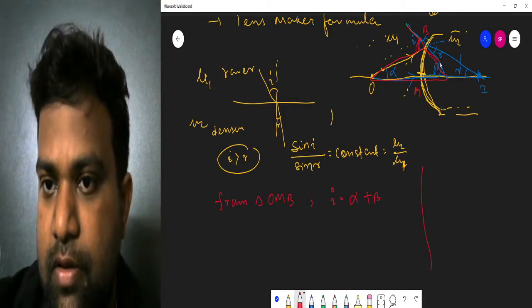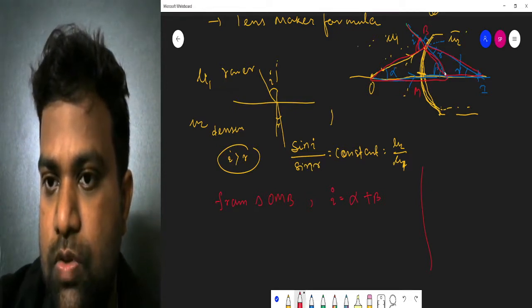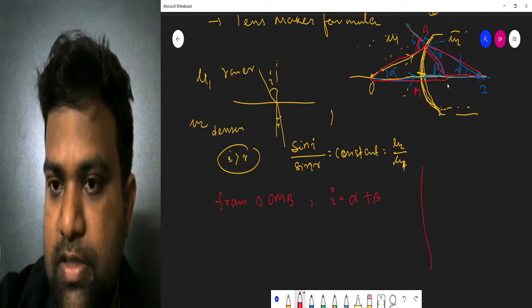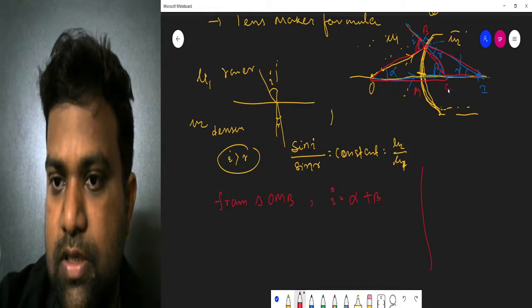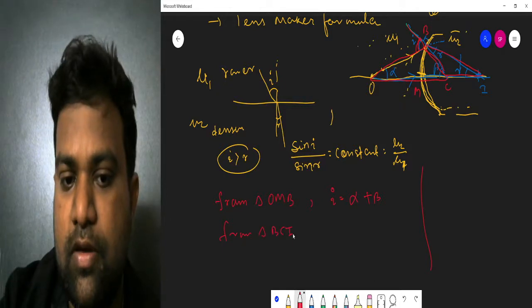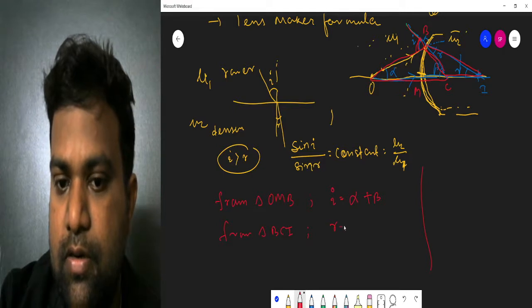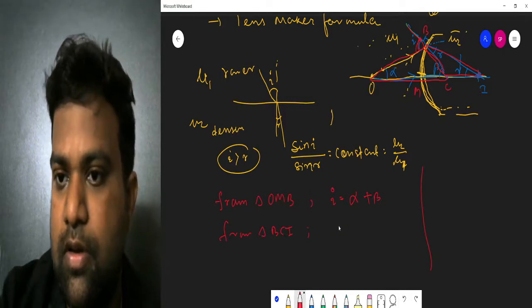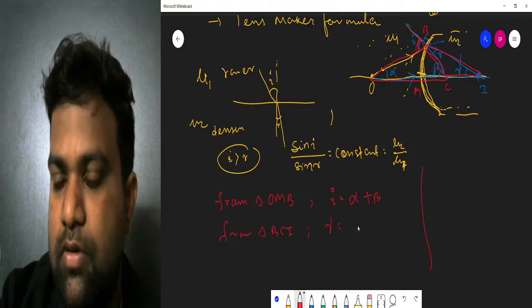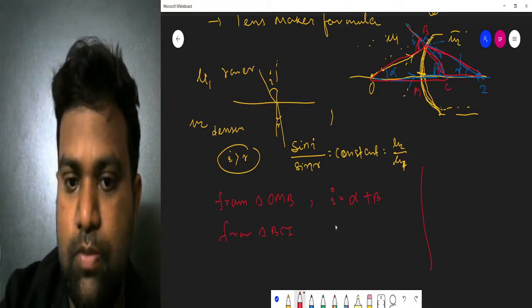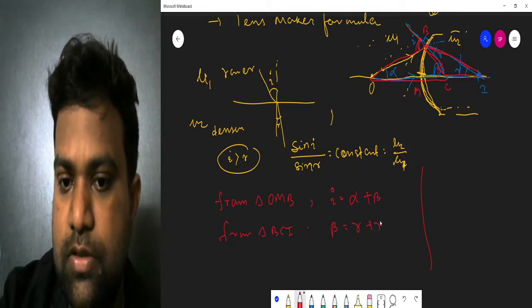Similarly, if we take this triangle, let's say C, BCI, from triangle BCI you can write, sorry, beta is the external angle here in this triangle, so beta equal to R plus gamma.